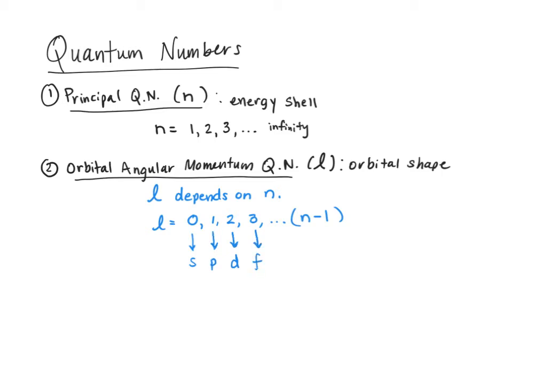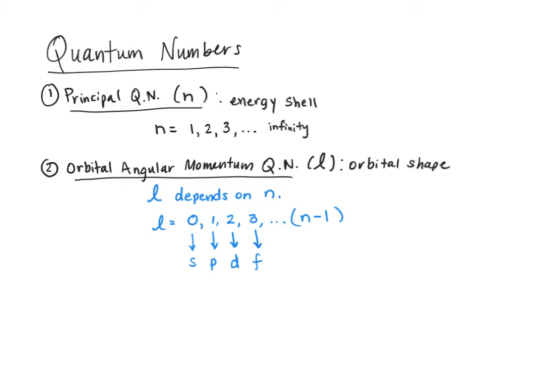and f for l equal to 3. Saying either these numerical values for this orbital angular momentum quantum number or these letter designators means precisely the same thing. From now on, we're going to tend to refer to these orbital shapes using these letters, s, p, d, or f.